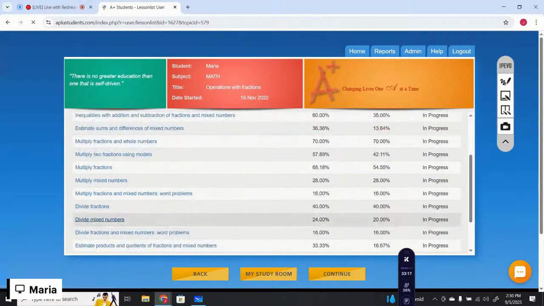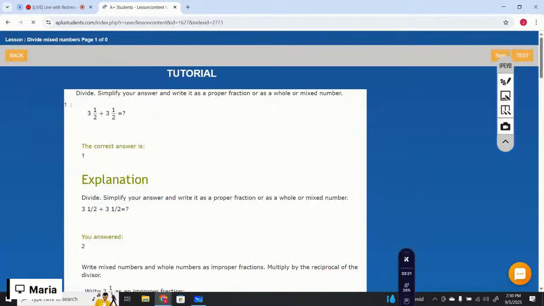The lesson is divide mixed numbers. Okay, let's just start with the test questions.